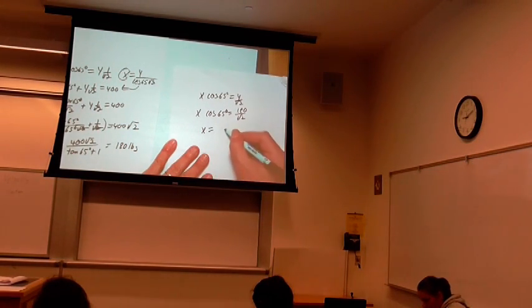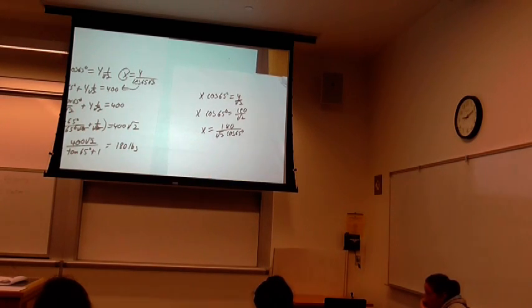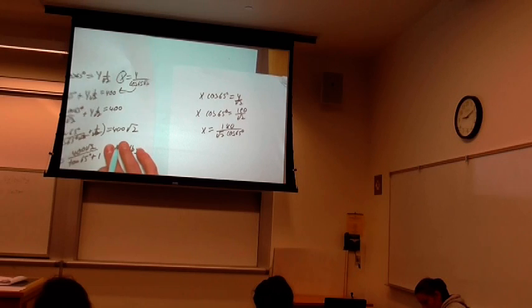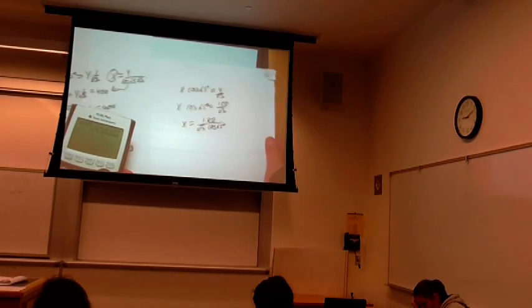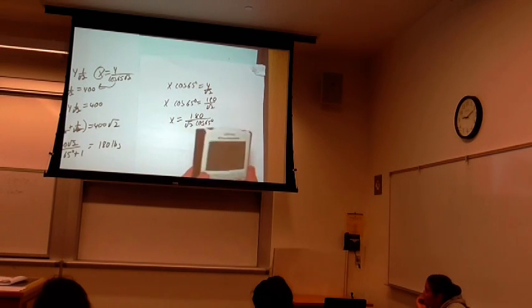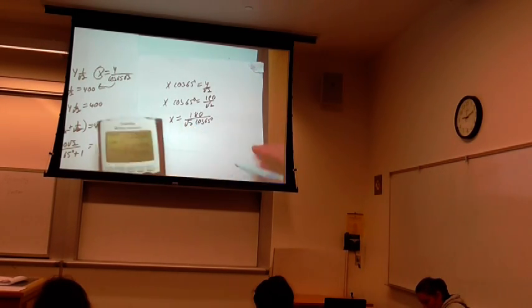So x should just be 180 over the square root of 2 over the cosine of 65 degrees. The thing is to not get thrown by the ugly looking numbers, because you're just going to pop them into your calculator. 180 divided by square root of 2 divided by cosine of 65 degrees, 301.